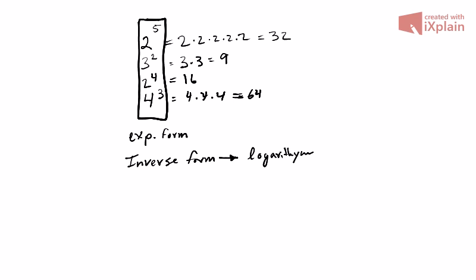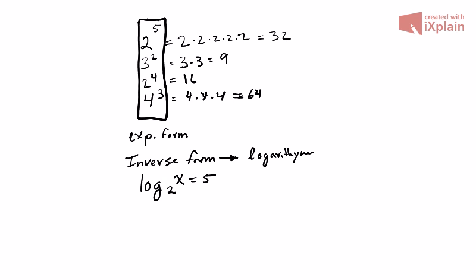Basically, log base 2 of x equals 5. So what power of 2 gives me 32? Log base 2 of 32 equals 5.